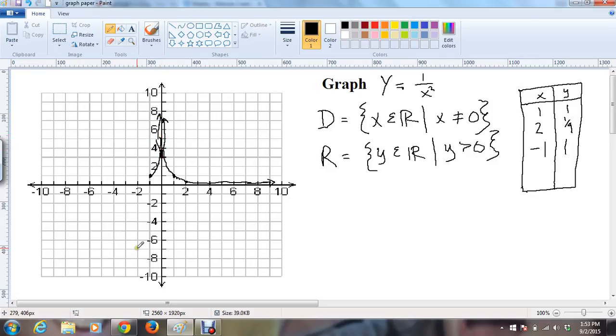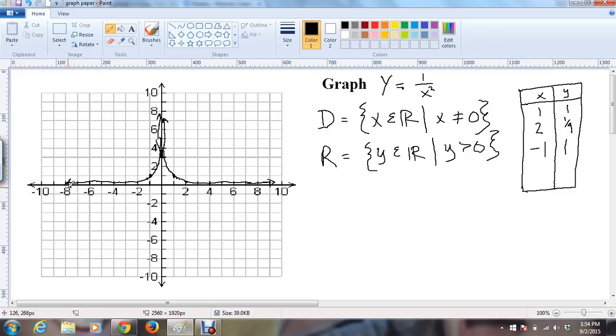I'm sorry, that looks like it does touch, but it doesn't. Then as x is getting more and more negative, with a bigger magnitude, when you square it, it becomes a much bigger positive number. So 1 over that number is getting tinier. As the denominator gets bigger, the function itself gets smaller and smaller.